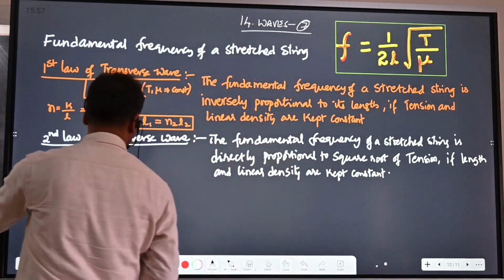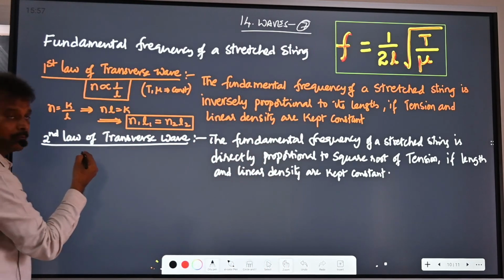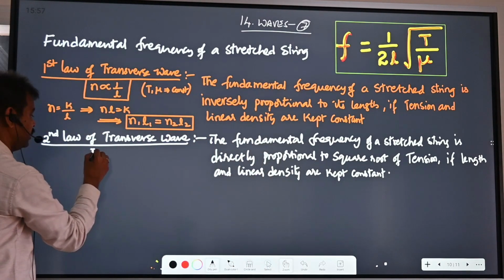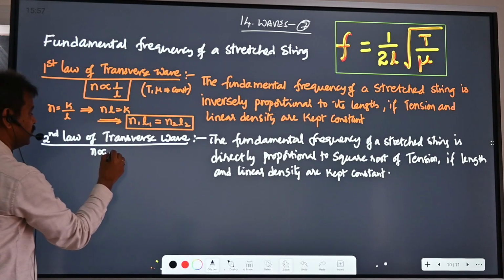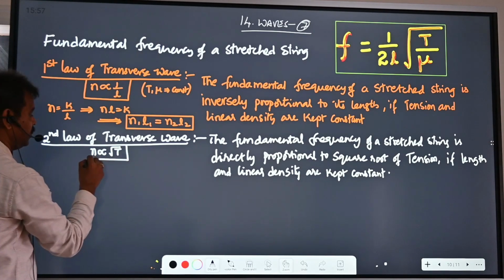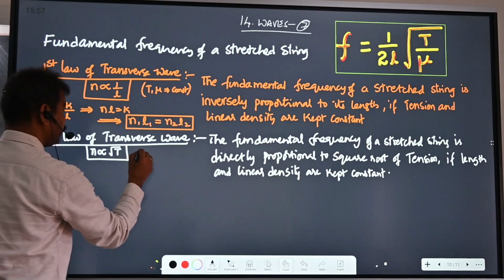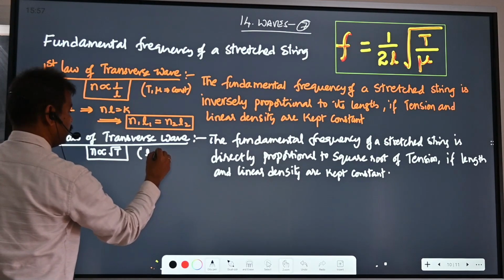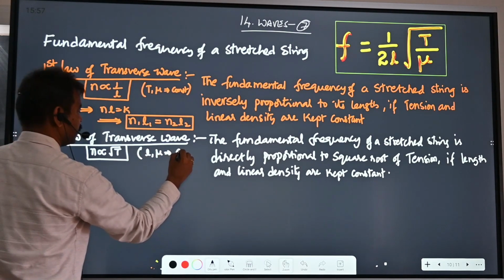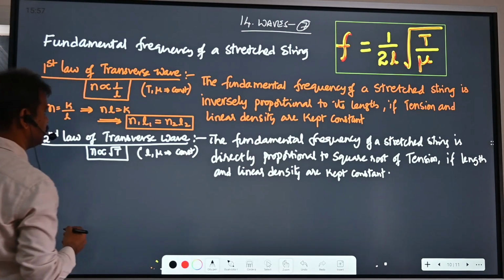Now I will write the same statement in the form of equation. N directly proportional to root T if L and mu are constant.